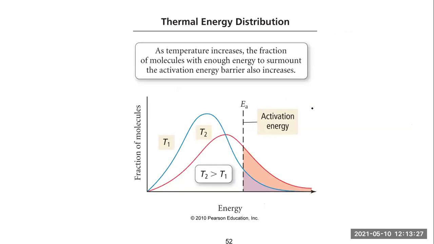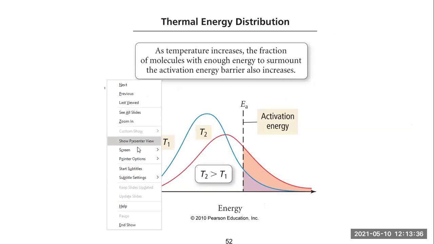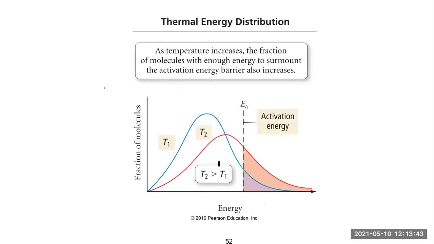And that's what we see here in this diagram, temperature 1 versus temperature 2. Temperature 1 is the lower temperature, and temperature 2 is the higher temperature. When we get to that activation energy line, if we look at temperature 1, the lower temperature, the amount of molecules that have enough energy to get up and over the hill is only that much.